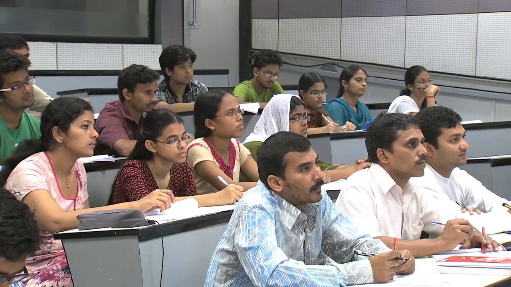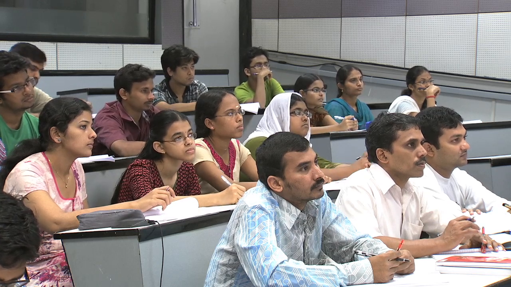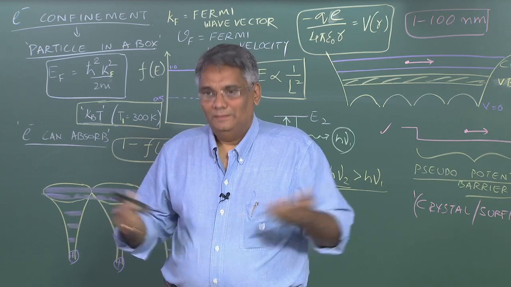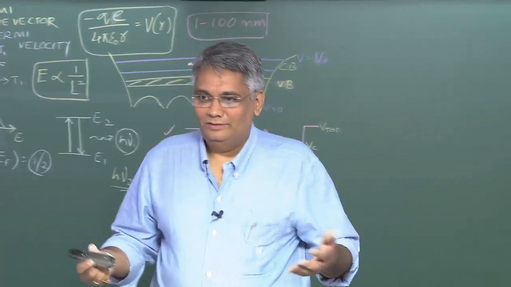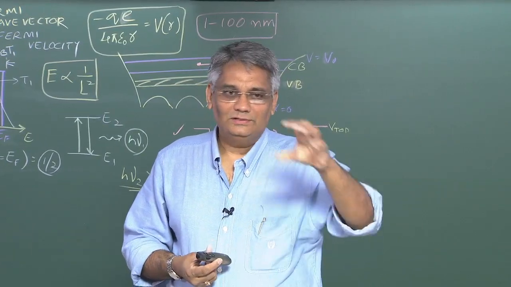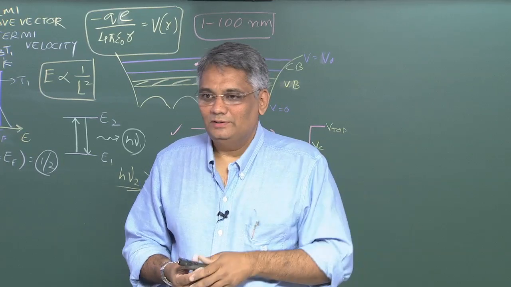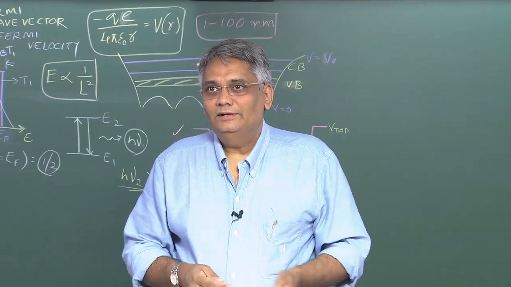All those fall in this range, and when you start seeing these changes in physical properties, and if you have a three-dimensional confinement in all three dimensions, you call it a quantum particle, and these particles are supposed to have dimensions in this particular range.